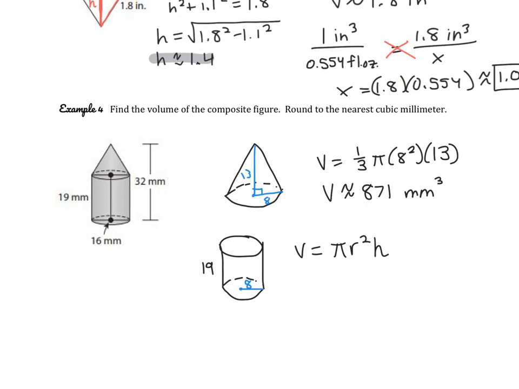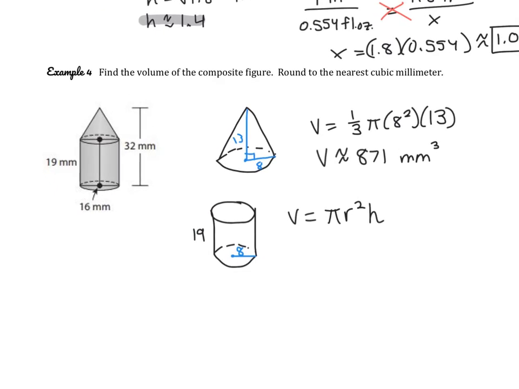So very similar formula to the volume of a cone. So here we're going to do pi times 8 squared times the height, which is 19. And again, we'll round this to the nearest cubic millimeter. So pi times 8 squared times 19. And that will give us approximately 3,820 millimeters cubed.